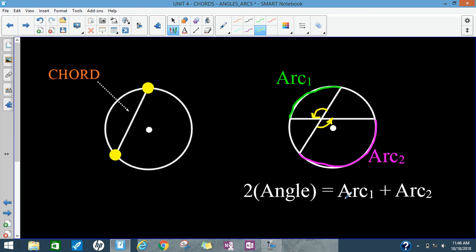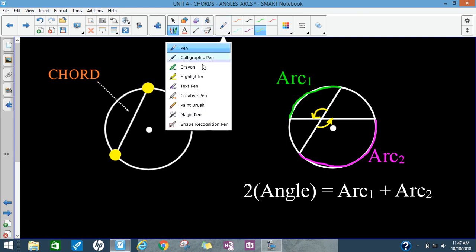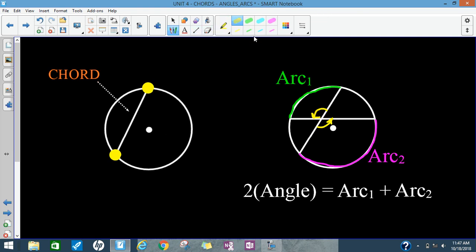And it's this relationship down here: 2 times the measure of the angle is equal to the sum of the two arcs. And so when we talk about the angle and the two arcs, they have to be the appropriate ones. So I like to go over my circle.